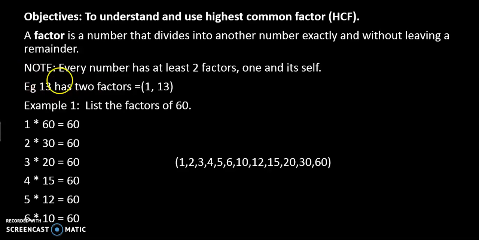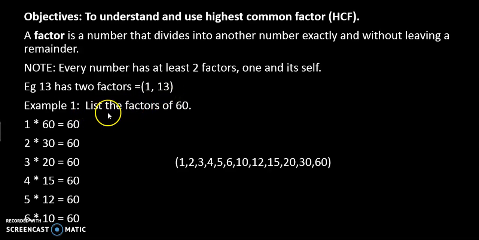What about if I divide this 13 by 13 itself, what will I get? 13 divided by 13, I'll get 1. So it doesn't leave any remainder. So it clearly shows you that a number has two factors, 1 and itself in the case of 13.